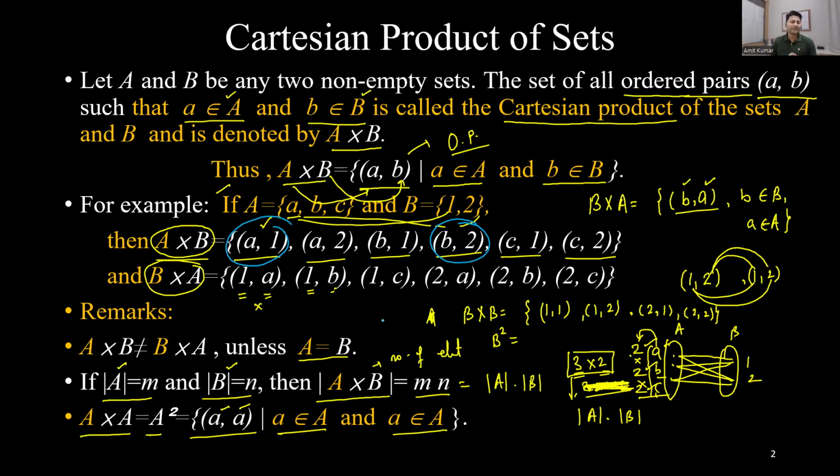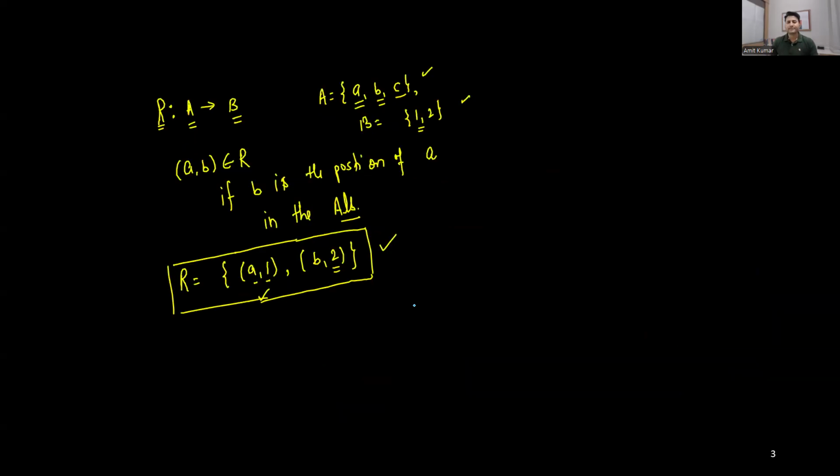So in simple words, we can say a relation is a subset of A cross B. A relation is always a subset of A cross B. If we are defining it from A to B, then it is a subset of its Cartesian product A cross B.